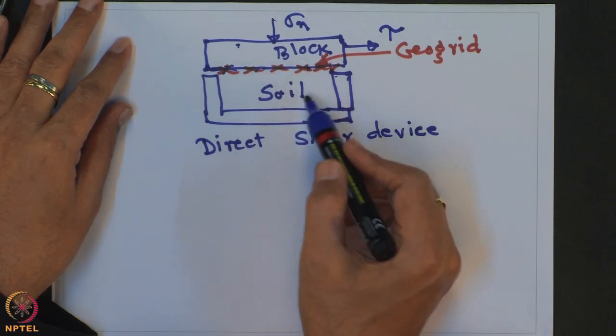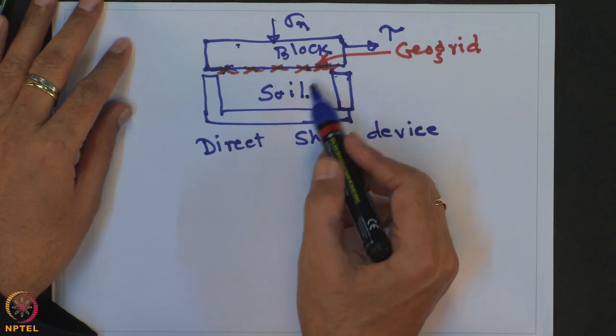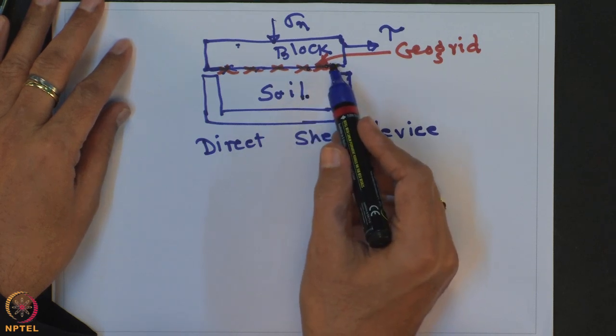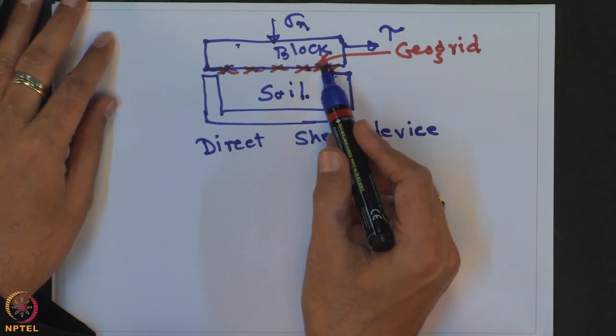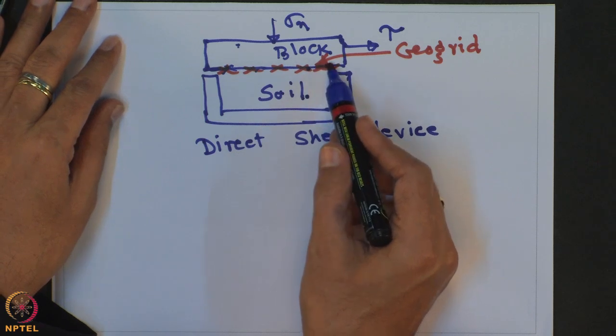With any kind of material you can determine the friction angle between the soil and the geogrid, or between the soil and the geomembrane, or concrete, woven geotextile and non-woven geotextile material.